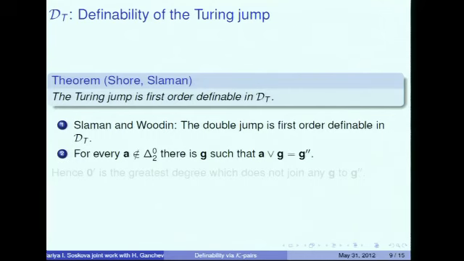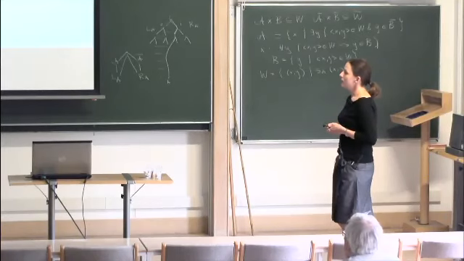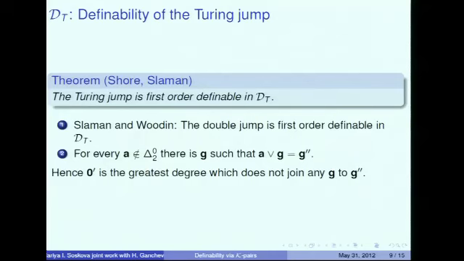And then the second part shows that for every non-delta 2 A, there is a G which joins A up to G double prime. And so using these two, 0 prime is the greatest degree which does not join any G to G double prime, because 0 prime join G would have to be less than or equal to G prime. And then relativizing, you get the definition of the Turing jump.